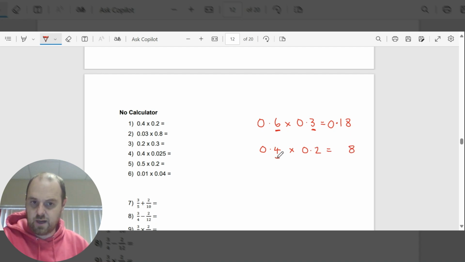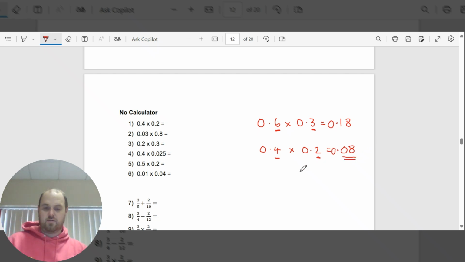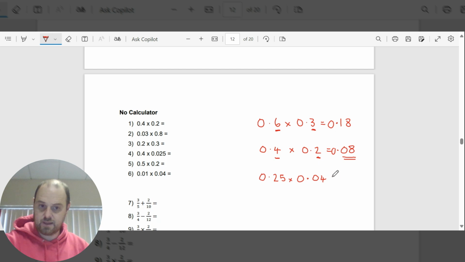But I still want 2 numbers after the point, so I'm going to have to jump and put a 0 in there that I can jump over before I put the point there, so that I've got my 2 there. So that's a little bit harder. Or even harder than that, if I put 0.25 times 0.04, for example.